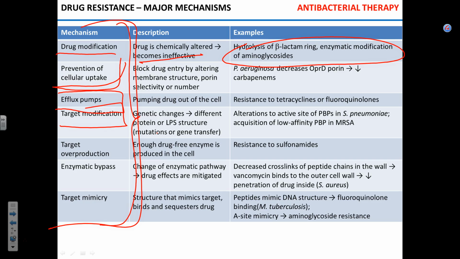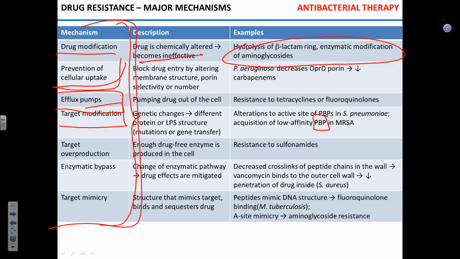Target modification. Remember, we talked about penicillins. Penicillins bind to penicillin binding protein and effectively block its function. A microbe like MRSA has another form of penicillin binding protein to which penicillin doesn't really bind.